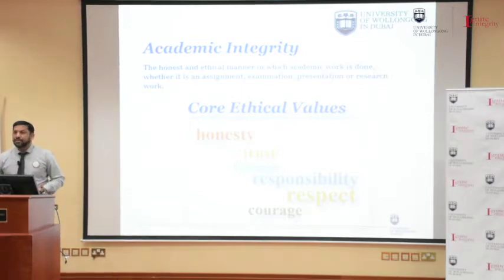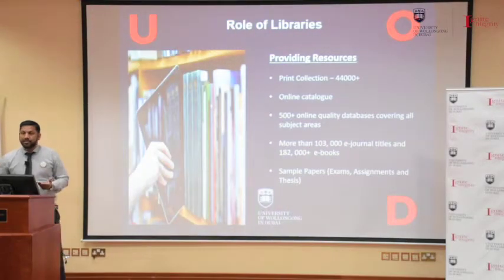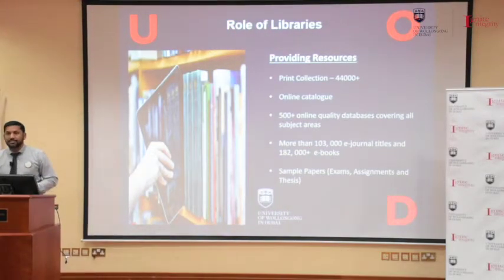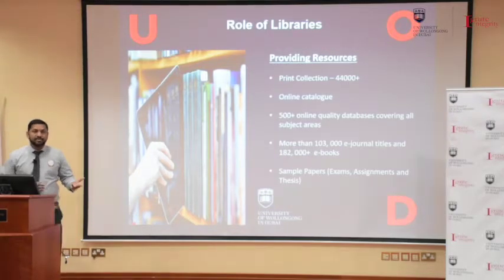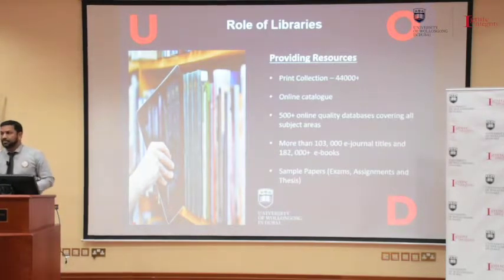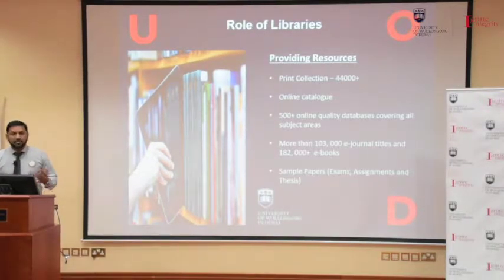When we say you need to have all these qualities, certainly you will ask what sort of resources we are providing to follow these values, to finish your assignments and examinations. Obviously, you will have a question about what sort of resources the library and librarians provide. First, we'll see the role of libraries.